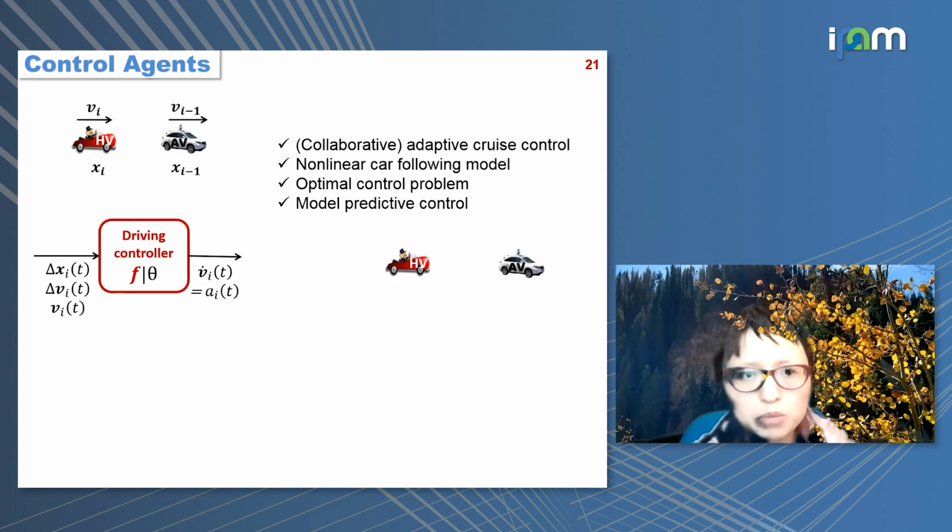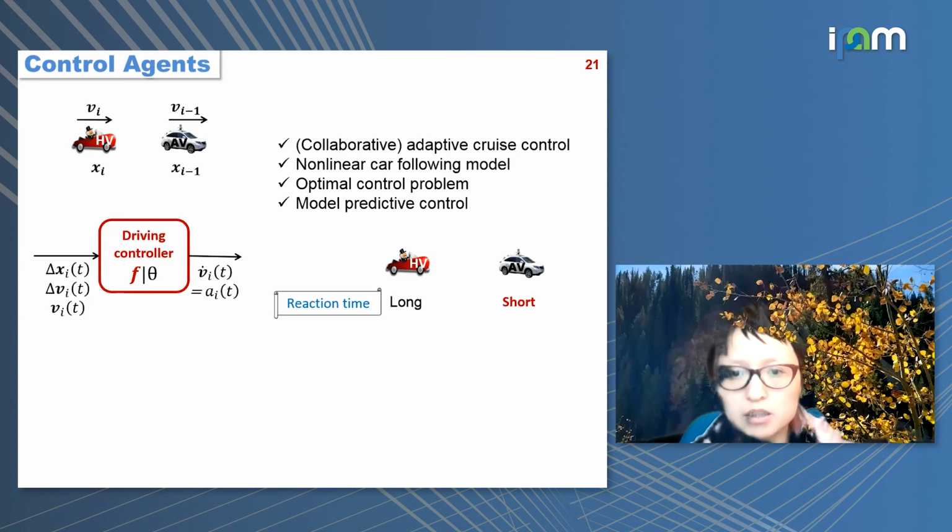So how do we move from a pure HV world to mixed traffic? For example, we flip one HV into an AV. Then the main modification is on the parameters. For example, in terms of reaction time, HV probably has a longer reaction time, but AV has a shorter one.